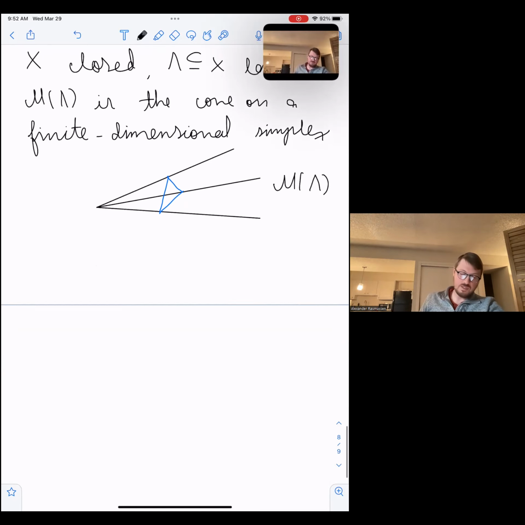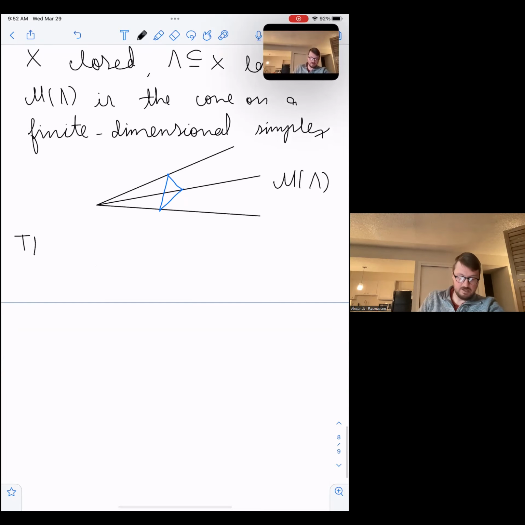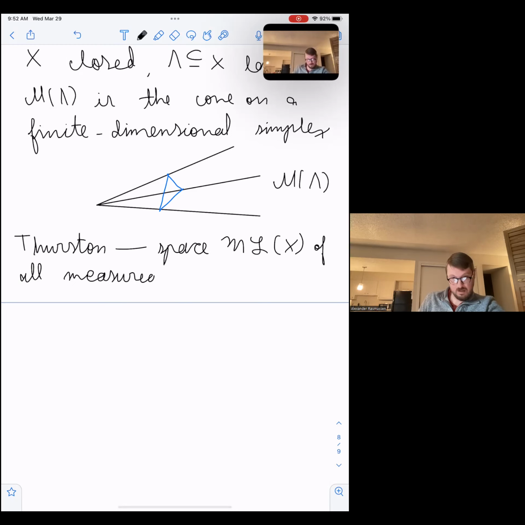These were very famously studied by Thurston. So he studied also a bigger space. So he studied the space ML of X of all measured laminations on X.